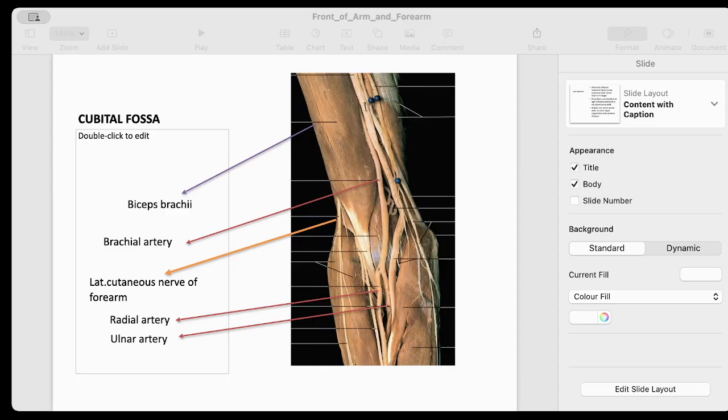Coming to the intermediate group, the muscle is flexor digitorum superficialis, or FDS. Here the origin is the same, the medial epicondyle, and it inserts to the middle phalanges.